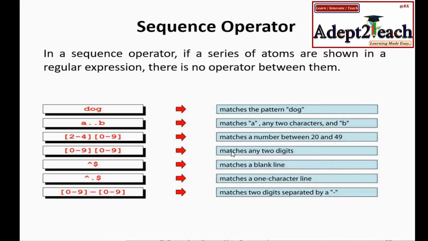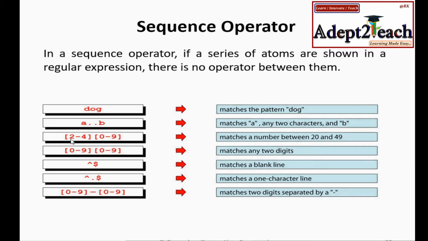Then if I have to, let's say, match a number between 20 to 49. So I will put it like my first number should start from 2, my last number should end with 4. That means you have units place and you have tens place. At my tens place, either it should be 2 or it should be 4.